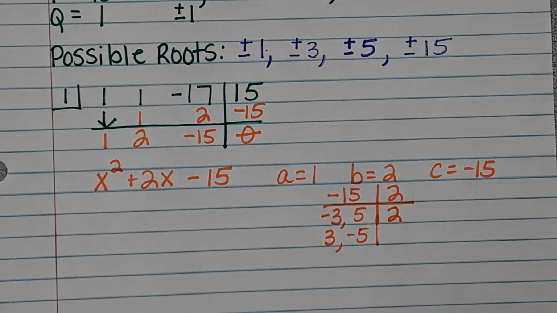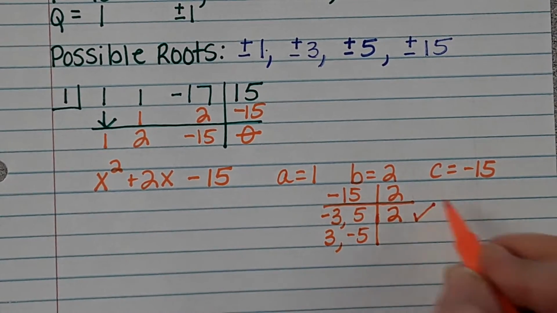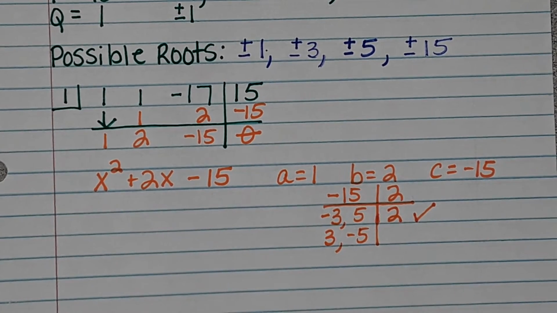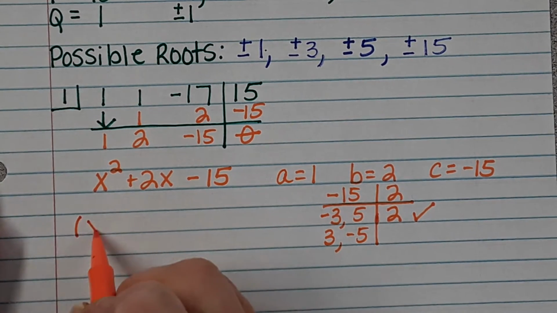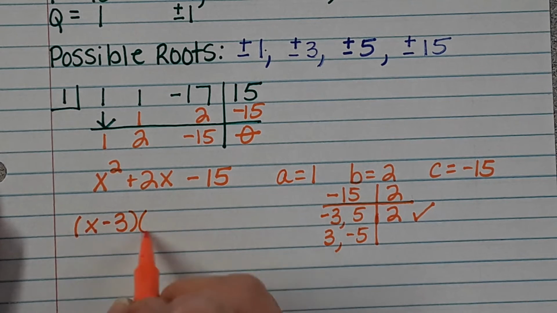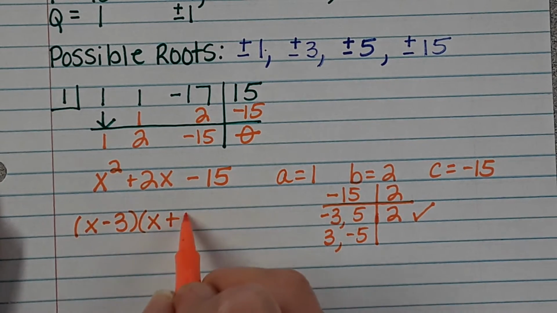Is that the one that I want? Yes. Now, do I need to write it as a factor by grouping, or can I go straight to parentheses? How do I know I can go straight to those parentheses? Because a equals 1, so we're going to write x minus 3 and x plus 5.